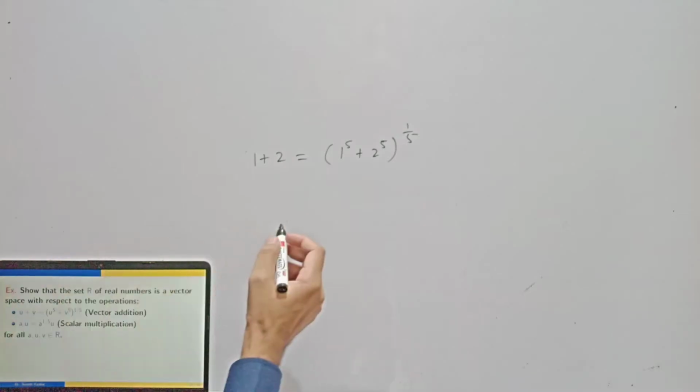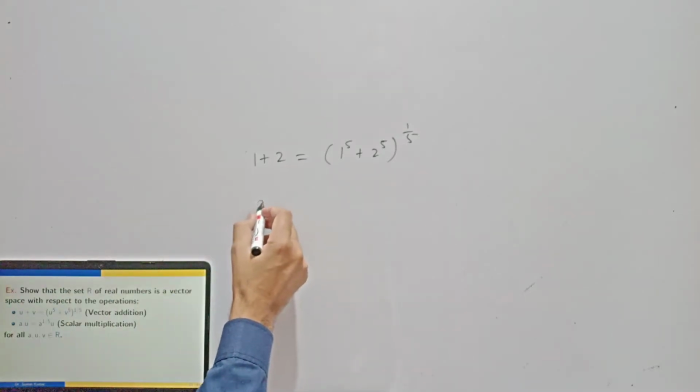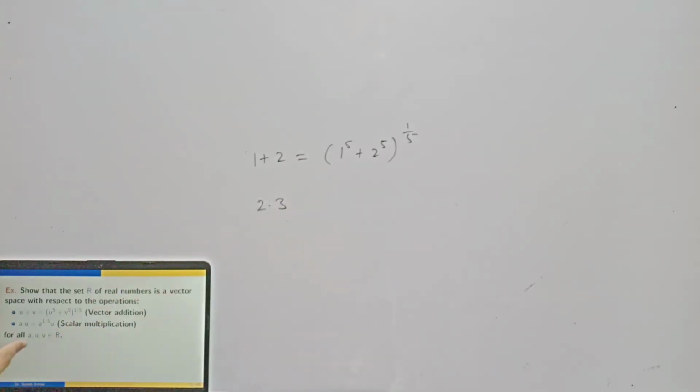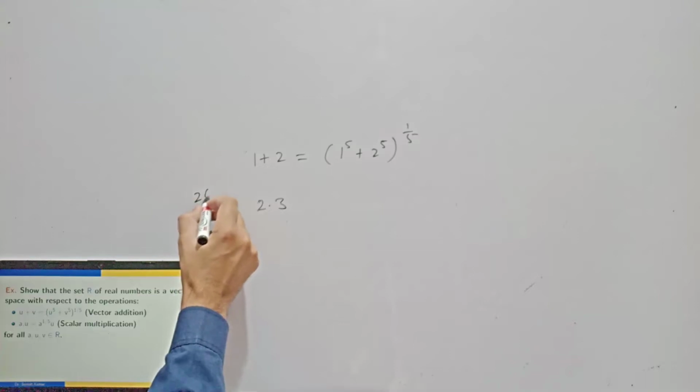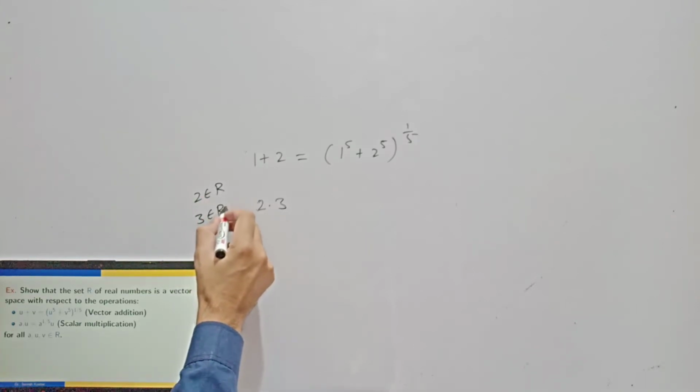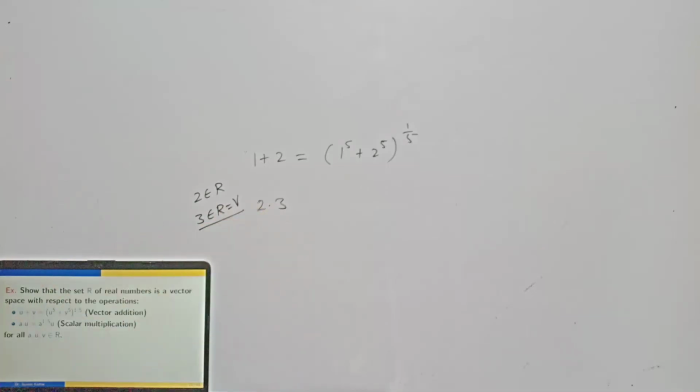Likewise, if I want to solve 2 dot 3 here, let's see what is the meaning of dot here. Dot means a power 1 over 5 you need to multiply with the given vector. What are vectors here? Real numbers, and scalars are also real numbers, but the dot has a different definition. So let's say 2 is a real number and 3 is also a real number, but this is your v in this case.